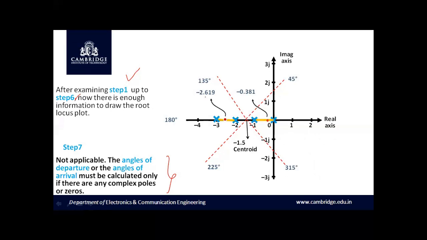We have identified the breakaway points, the intersection of the roots on the imaginary axis at plus j and minus j, and we have marked the centroid at minus 1.5 and the angle of asymptotes at 45 degree, 135 degree, 225 degree and 315 degree. So now there is enough information to draw the root locus plot.